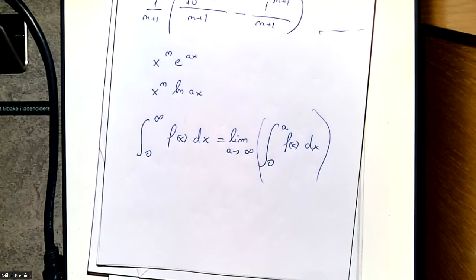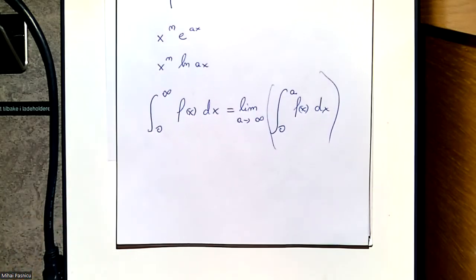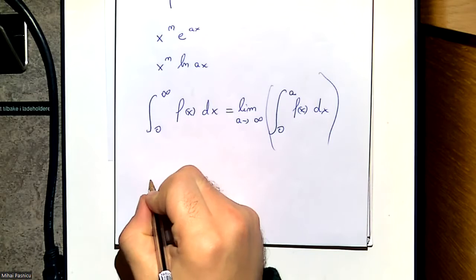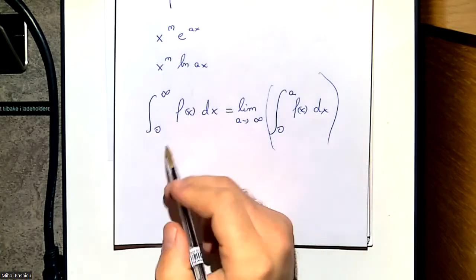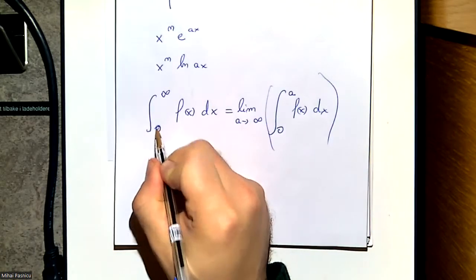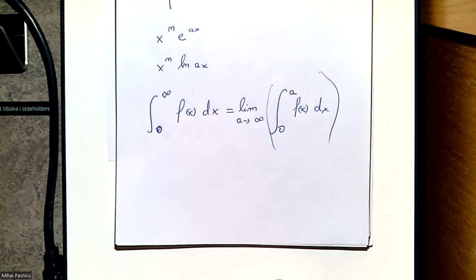So let's take an example of this, shall we? Let's do something that looks kind of nice. Obviously, you can take a limit to minus infinity, take a limit to 0 or 2, depending on the case.